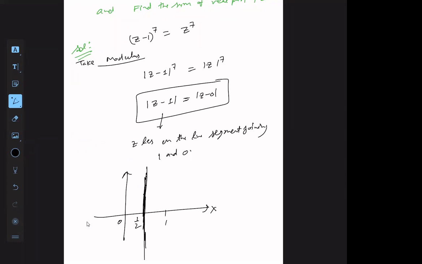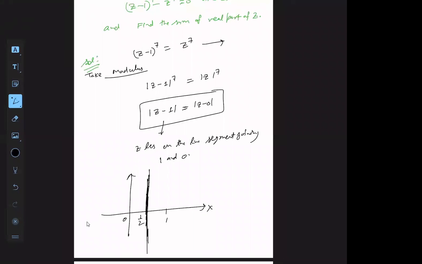But how many roots are there? How many roots are there in the equation? If you expand z minus 1 to the power 7, then z to the power 7 will cancel out. So you will get only the coefficient of z to the power 6. So basically there are 6 roots. There are 6 possible roots of this equation.